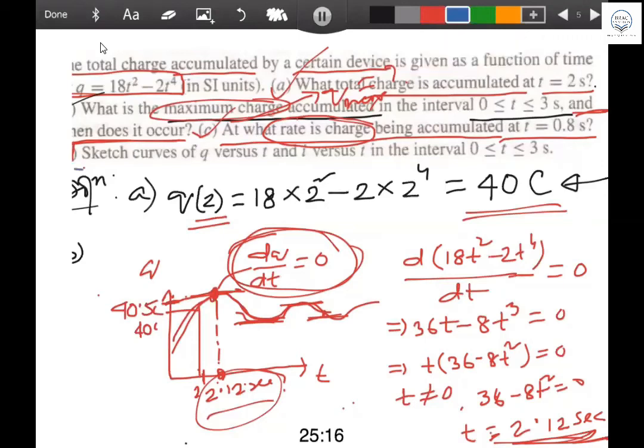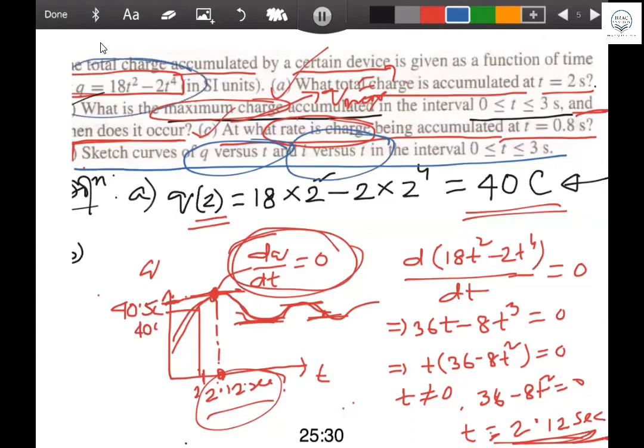Now we are going for D: sketch the graph or curve Q versus T and I versus T. Q versus T you can sketch from this equation, very straightforward, because Q versus T comes from here. With time, how it is changing can be found from here. But when you go for I versus T, then what is I?